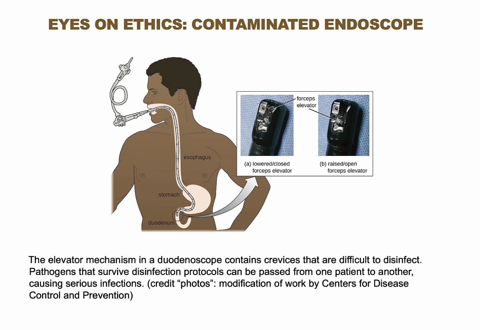However, protocols can have flaws, as evidenced by the inadequate FDA-approved disinfection method for endoscopes that failed to prevent subsequent CRE outbreaks. In response to these outbreaks, stakeholders are exploring solutions. Hospitals are enhancing cleaning procedures, manufacturers are redesigning duodenoscopes to eliminate hard-to-clean areas, and the FDA is revisiting its guidelines.